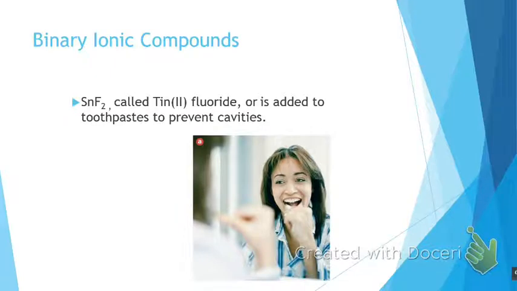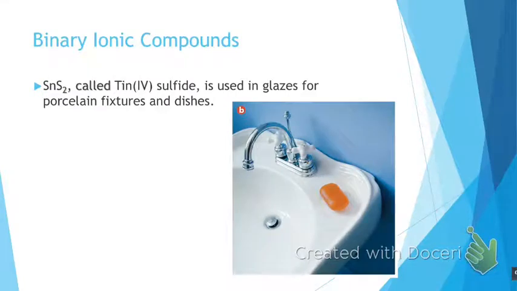Okay, here's some more examples. SnF2, which is found in toothpaste to protect your teeth, we're going to call tin 2 fluoride. How did I know it was tin 2 and not tin 4? I had to dissect my SnF2.